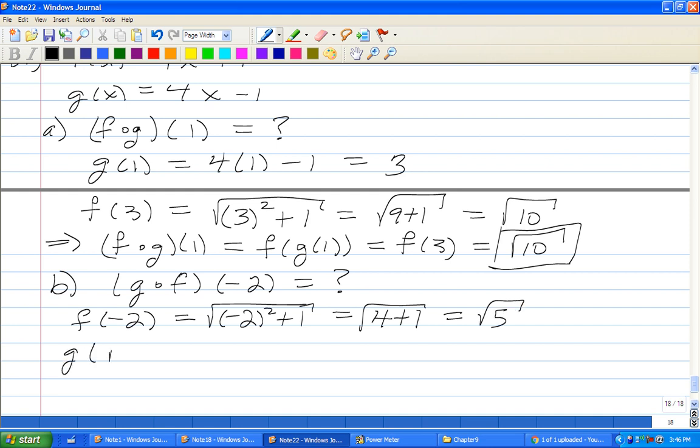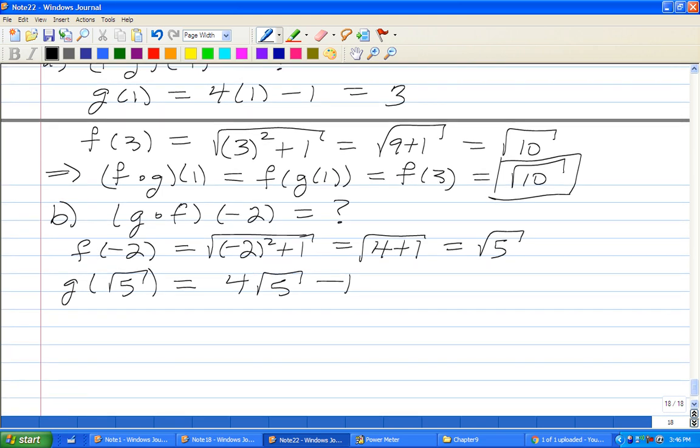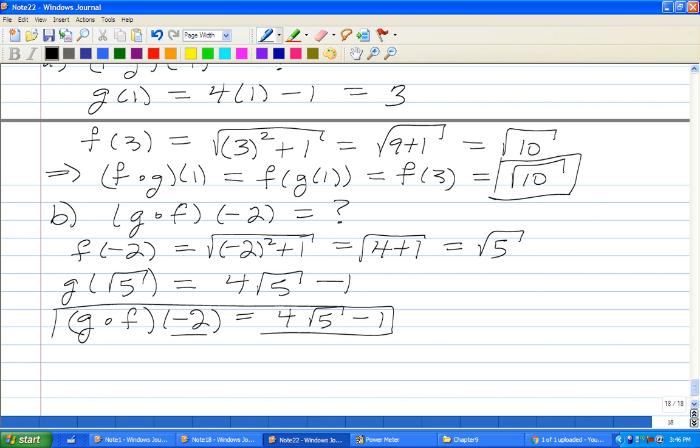Next, compute g at radical 5, which is 4 times radical 5 minus 1. Therefore, g composed with f at negative 2 is, well, f of negative 2 was radical 5, and then g evaluated at that value, which we found was 4 radical 5 minus 1. And that's your answer.